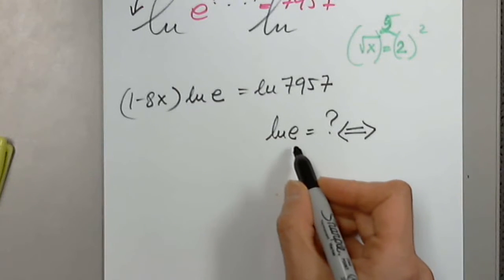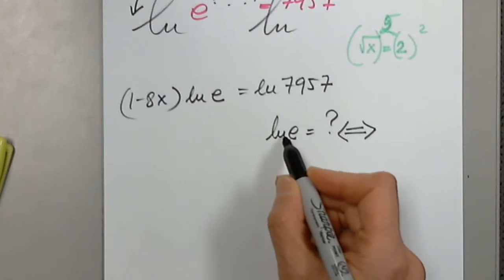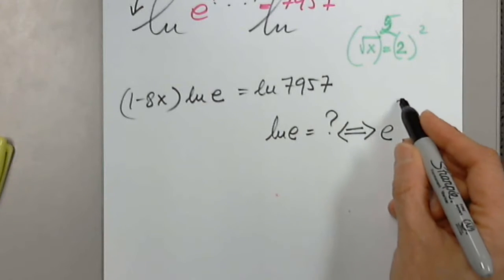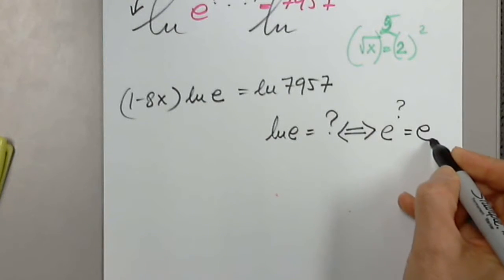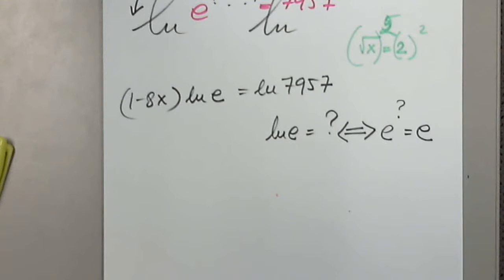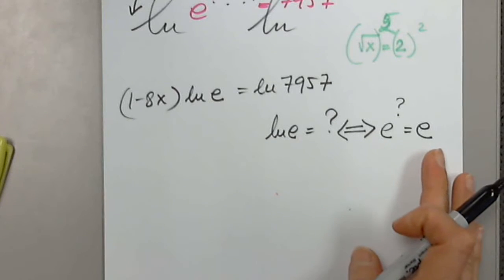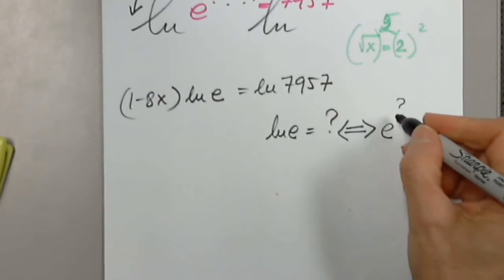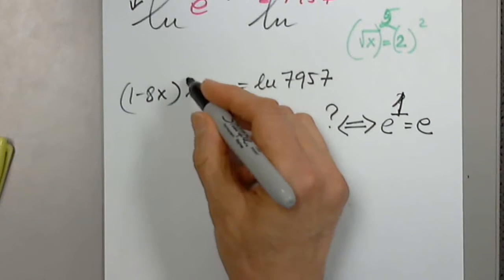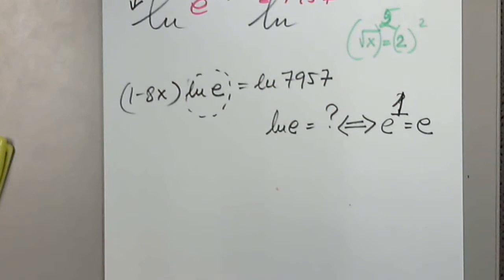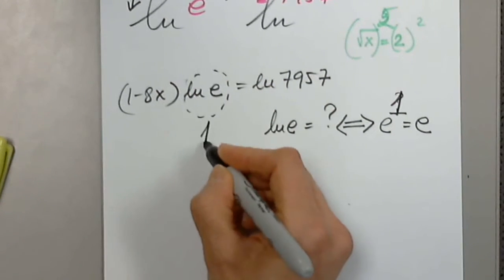So e raised to which power is e? So what power will I have here for this side to equal this side? Exactly. So that's why natural log e is 1.